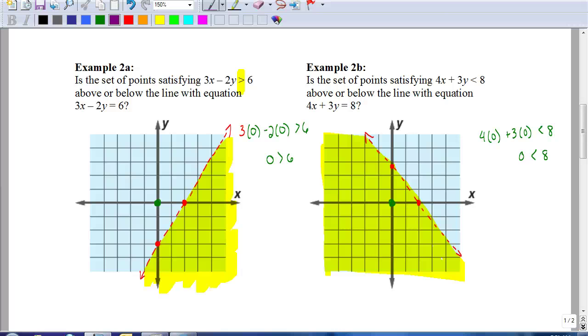So it's a crucial part, the rest of this that we learned today, about the type of line to use and where to shade. So like I said, we're going to stop this video here because I'm limited to 15 minutes. So we'll stop the video, and in part 2 we'll talk about lattice points.